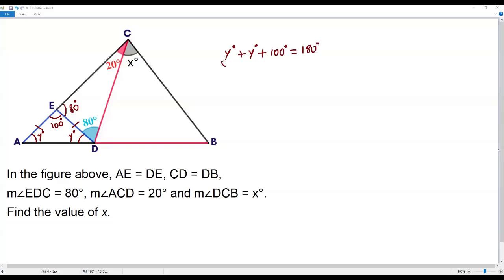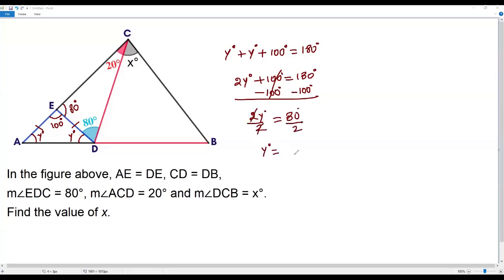Combining the first two terms, I get 2y plus 100 equals 180. Subtracting 100 from both sides, I get 2y equals 80. Dividing both sides by 2, I get y equals 40 degrees. I got the angle measure y, that is 40 degrees.